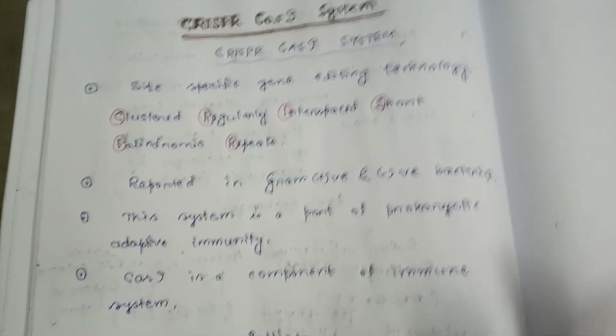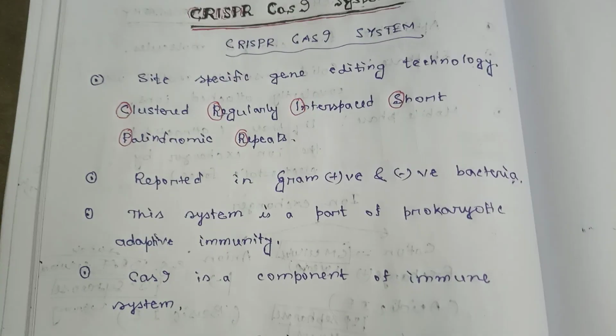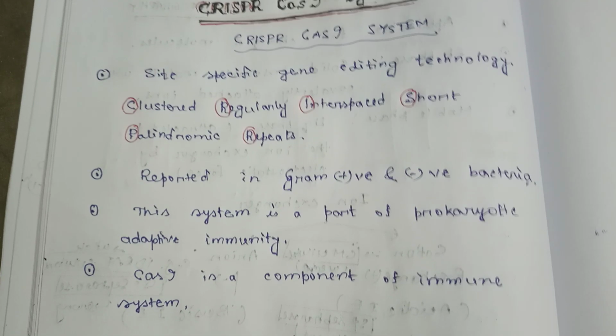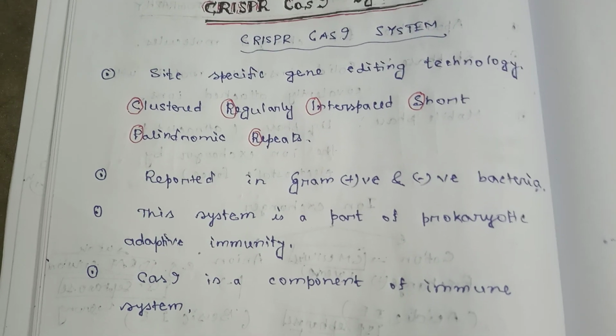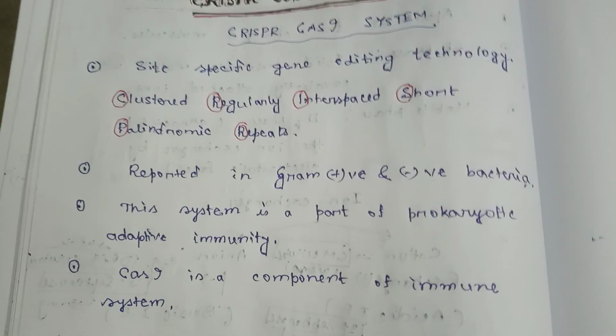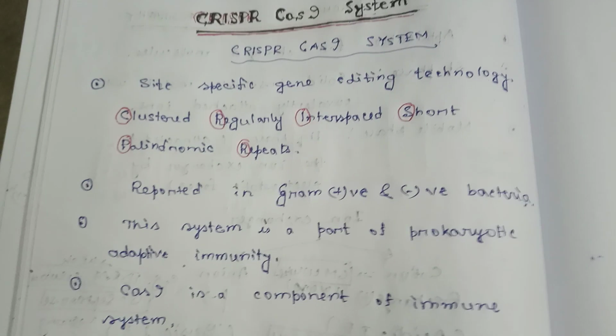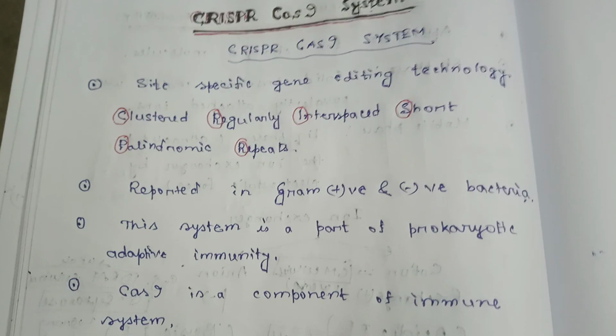Palindromic repeats means suppose you are reading one DNA frame from 5 prime to 3 prime direction, and if you are reading from its complementary strand from 5 prime to 3 prime, the frame will be the same, okay, the same base sequence.